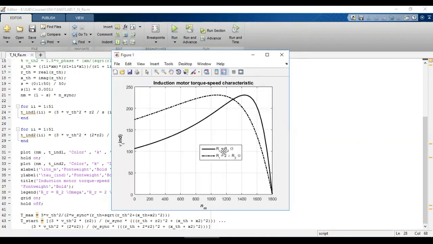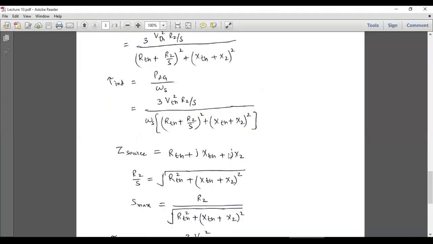Okay, so here you can see the rotor resistance is equal to R2 for this solid line, and this rotor resistance is 2 times R2 for this dashed line. So this curve is very much identical to the curve which we have seen in these lecture notes.